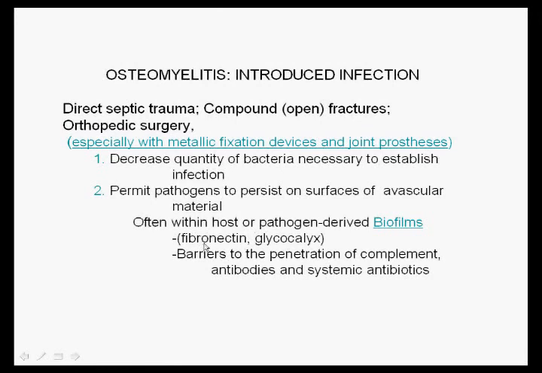The organisms live within those biofilms, and they thrive within those biofilms. The biofilms represent a barrier to the penetration of antibiotics, of antibodies, and of complement, so that the organism is in a protected environment, and there's very good reason for it to thrive.